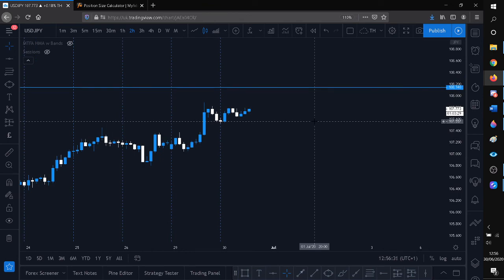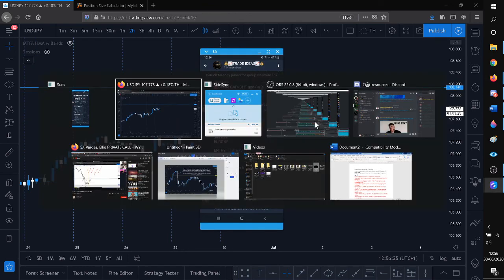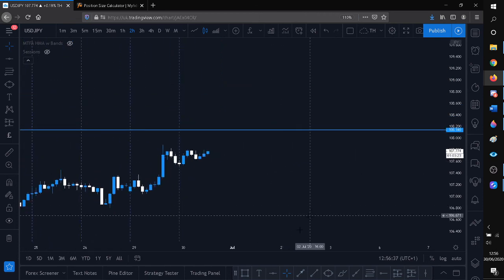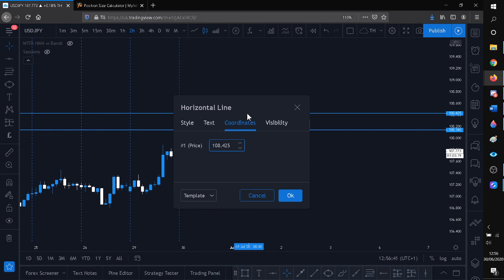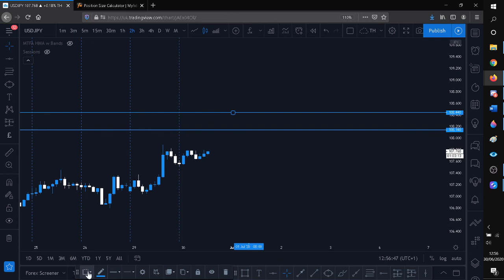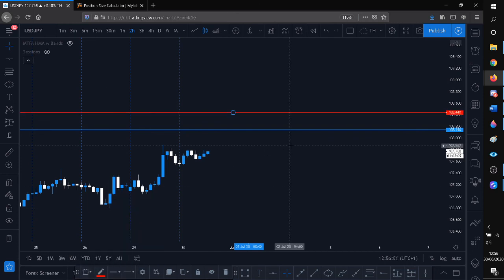That's the entry. And the stop loss is 108.440. And that will be your stop loss. So on the left hand side you see the measure tool.